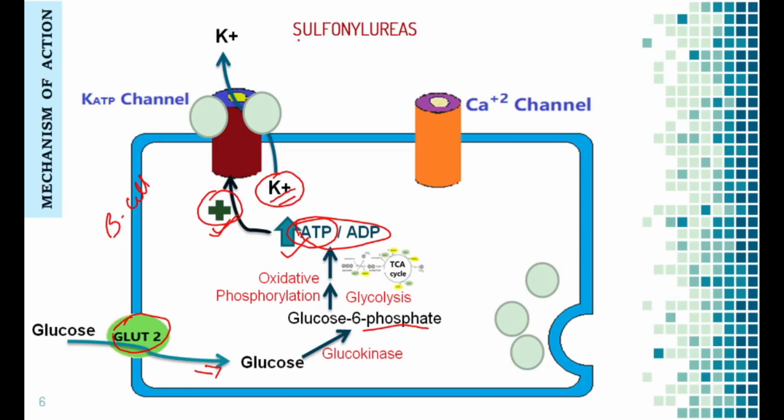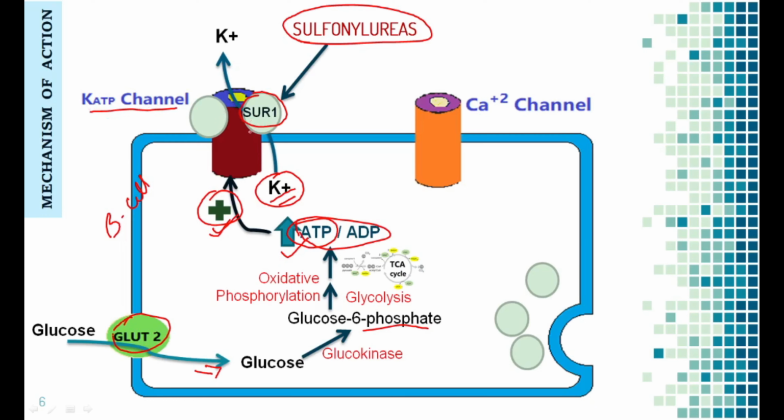Now sulfonylurea, either first generation or second generation, acts on the sulfonylurea receptor SUR1, sulfonylurea receptor 1. This is a specific area on the K-ATP channel. So sulfonylurea will bind to the sulfonylurea receptor 1 of the potassium channel.